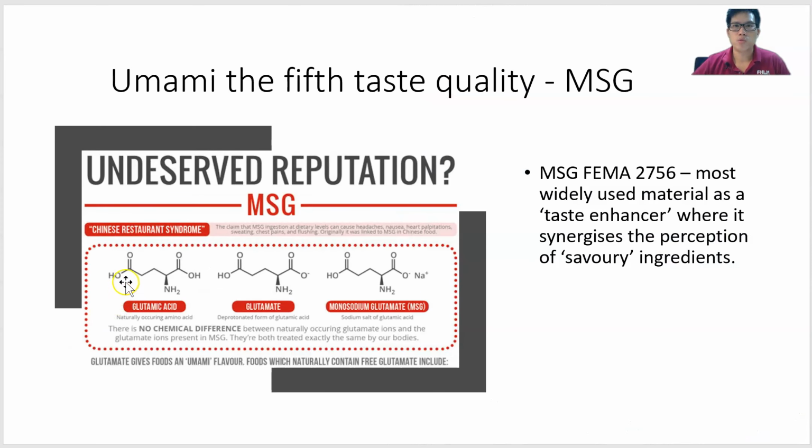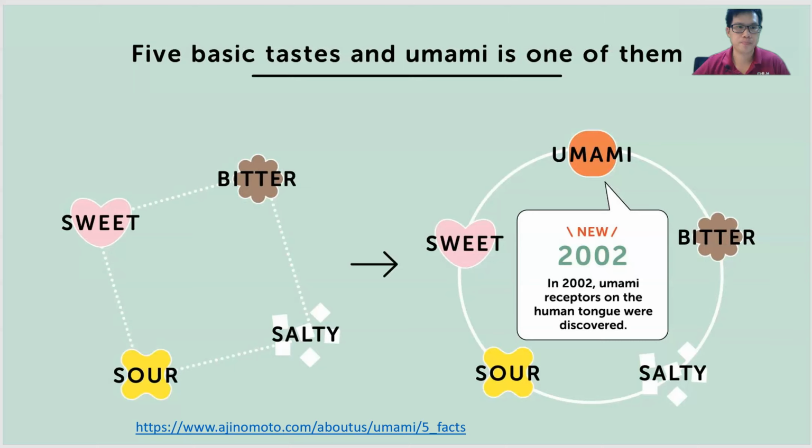The last one is the umami effect, or what we call the fifth taste. At first there were only four, now there is a fifth. It is widely used as a taste enhancer. It has its own receptors, and their location is actually all around your tongue.